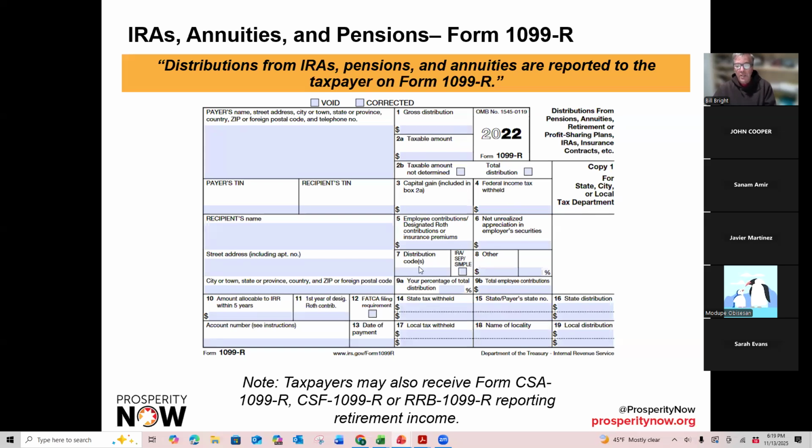And then the distribution codes, and we'll get into that a little bit later about how that drives a lot of stuff. IRA income, retirement income is taxable in the state of New Jersey, so there should be some state tax withheld. But the reality is, given the pension exclusion in New Jersey, most people in our income cohort who are 65 and older will owe no state tax on their pension income.